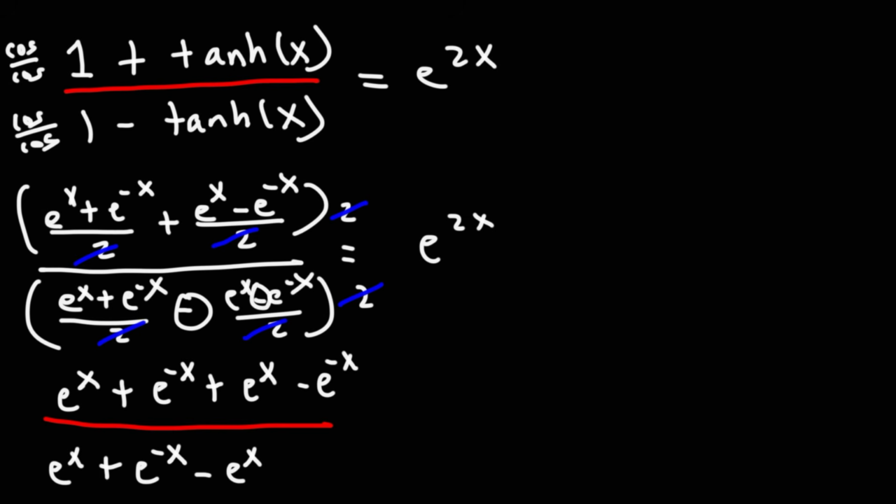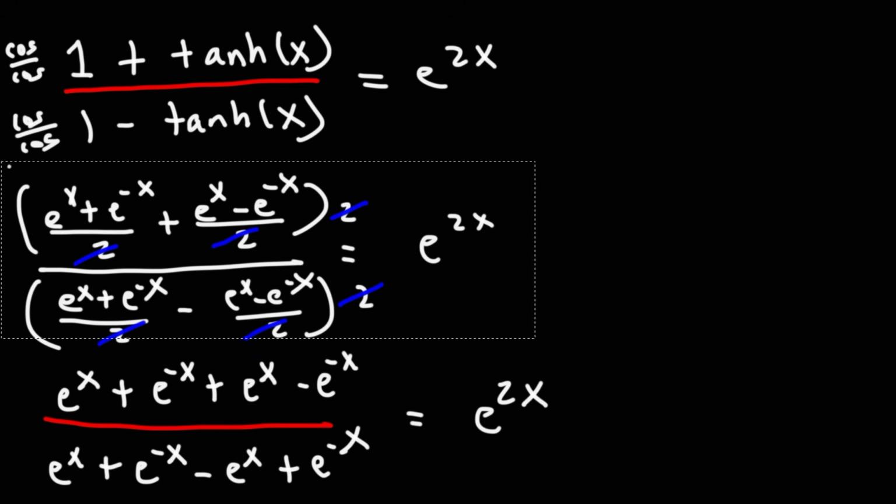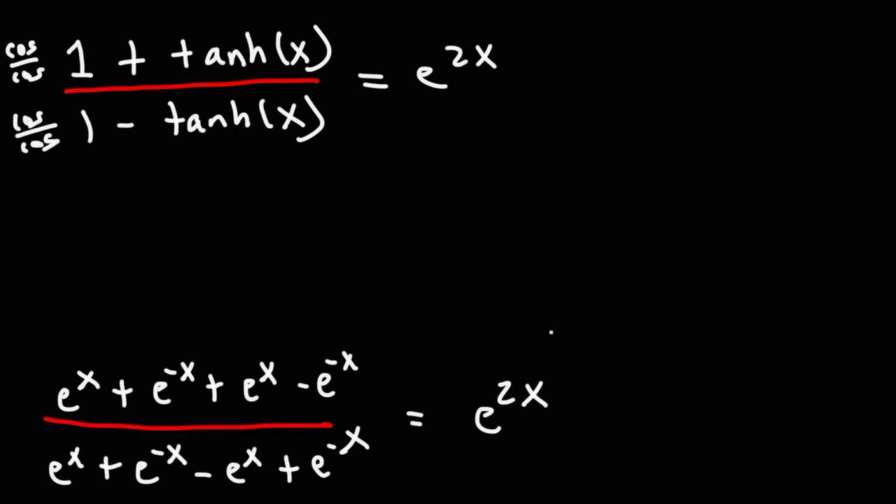These 2 negatives will cancel, giving us positive e to the negative x. E to the negative x will cancel here, and e to the x will cancel. So e to the x plus e to the x, that's going to be 2 e to the x. And then e to the negative x plus e to the negative x, that's 2 e to the negative x.